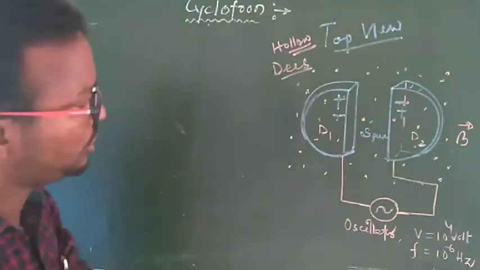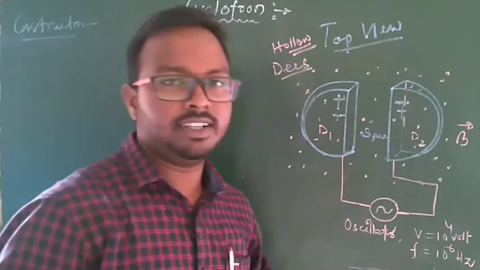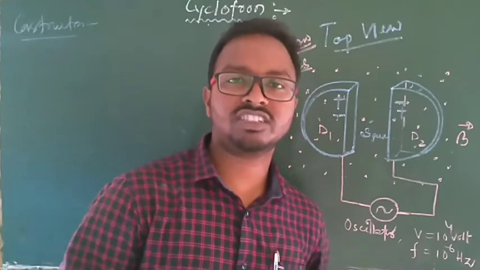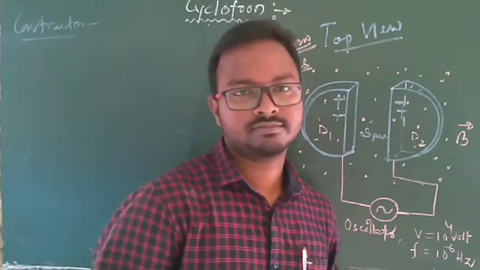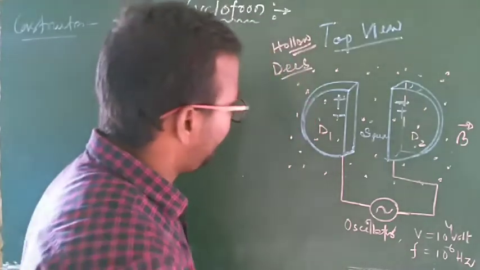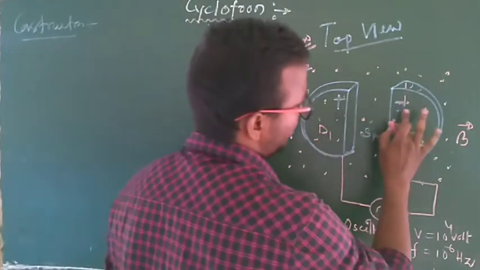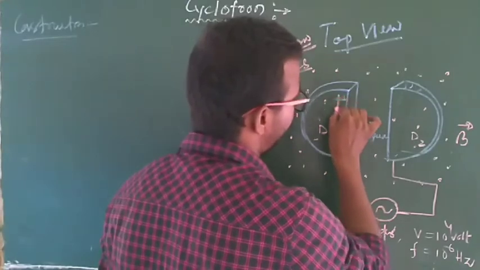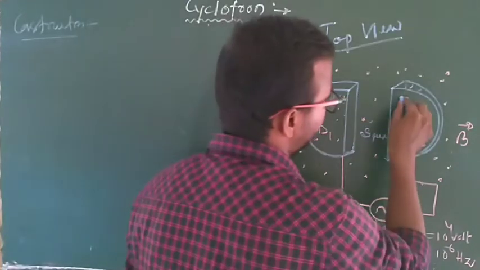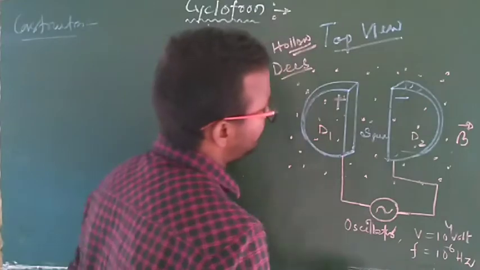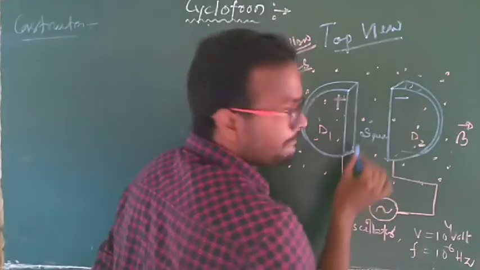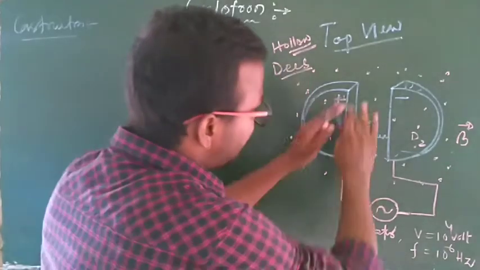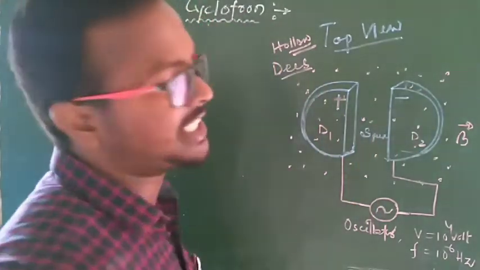And we know what the electric field is. The electric field inside a hollow conducting material is 0. Clear? So if the oscillator provides initially this terminal positive and this terminal negative, then the electric field starts from positive to negative across the gap between the two discs, because inside the disc there is no electric field.